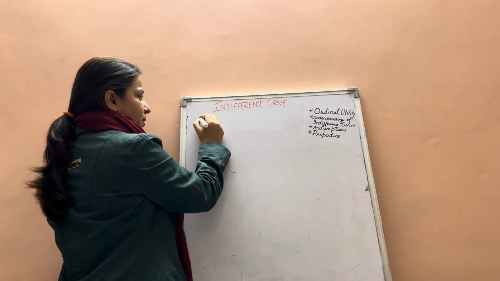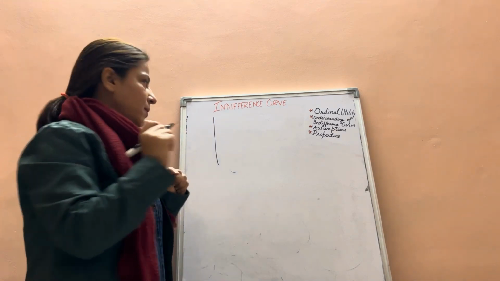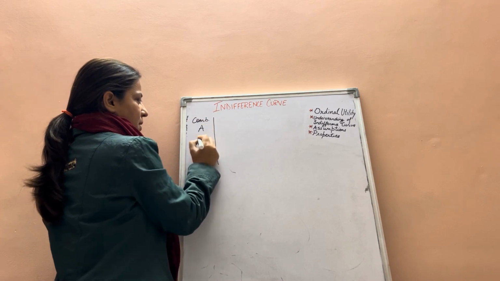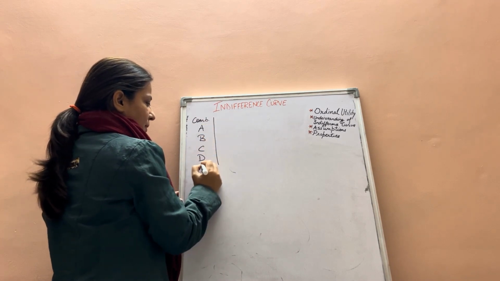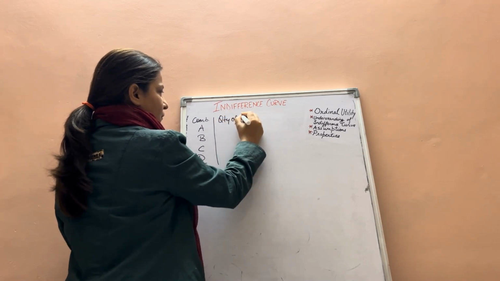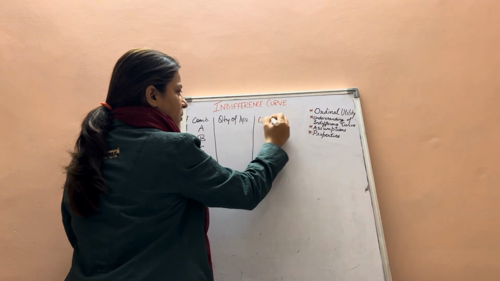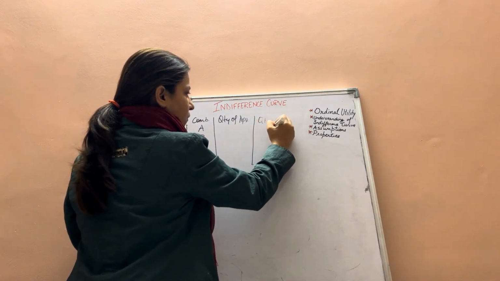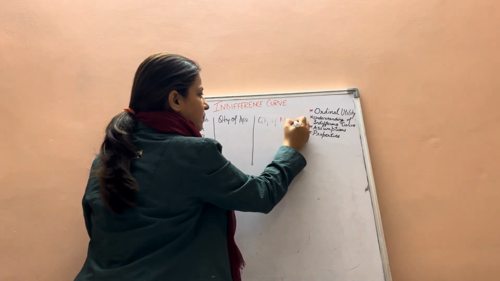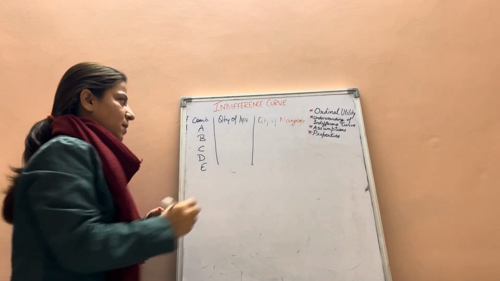curve. Here we'll take two commodities, apples and mangoes, and we see 5 combinations of the two commodities A, B, C, D and E. Quantity of apples, quantity of mangoes, and then we'll see the marginal rate of substitution.